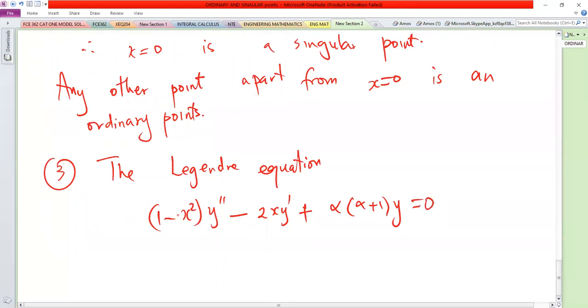Since this is a polynomial, this is also a polynomial, and this is a constant polynomial, then 1 minus x squared, which is our P of x, if we equate it to 0, gives us x squared equals 1, which means x equals plus or minus 1 are singular points.